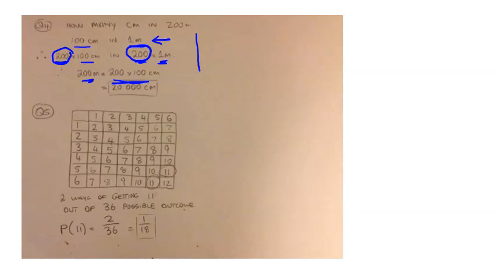Question 5, this is a dice, we're throwing a dice, it's got 6 options. The first throw is across the top of the page, the second throw is down the side of the page. And what this tells us is that, for example, throwing a 1 and a 1 gives you a total of 2. If you scan the entire table, you'll see there's only one way to get a 2, and that's by getting a 1 and a 1.